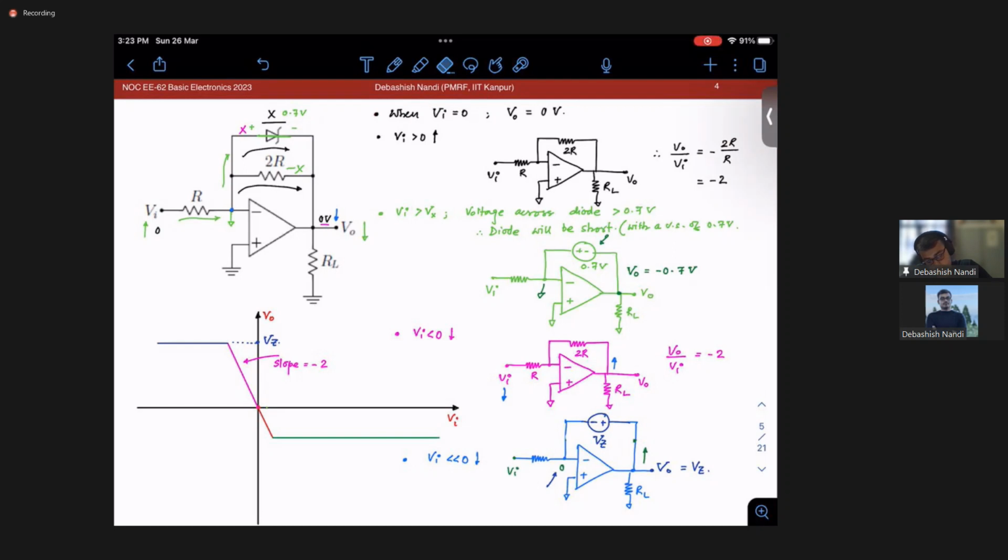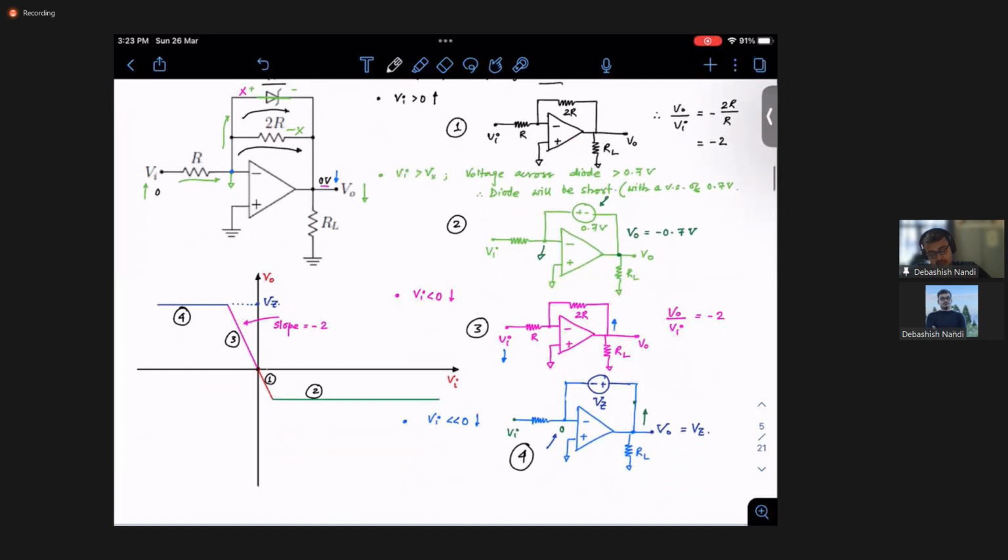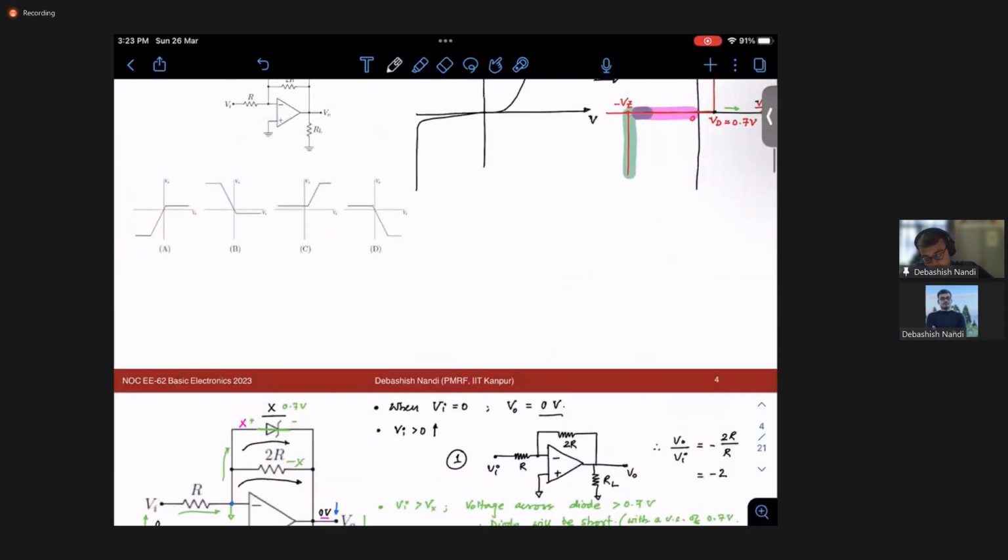I think yes, this is your region 1, this is 2, this is 3, and this is case 4. And it should also pass through the origin, because when Vi is 0, your V out will also be 0. Okay, so this is how the characteristic will look.